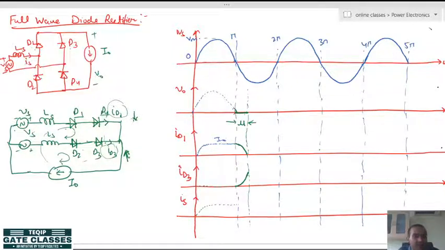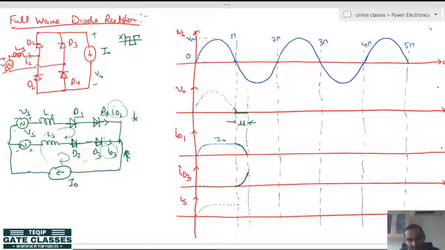You know that when the diode D1 D4 conducts, source current is positive, and when D2 D3 conduct, source current is negative. Now, the source current will not become immediately positive or negative, just like we have seen. No, the source current will not be like this, but it will go from positive to 0 and then it will become negative. All right.